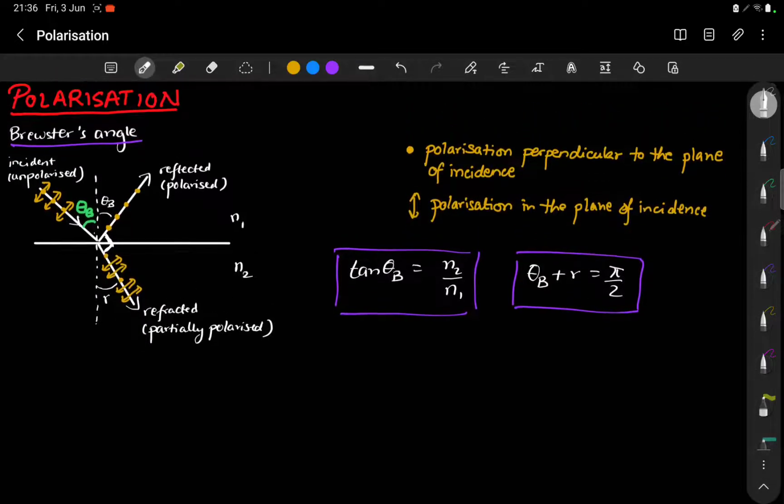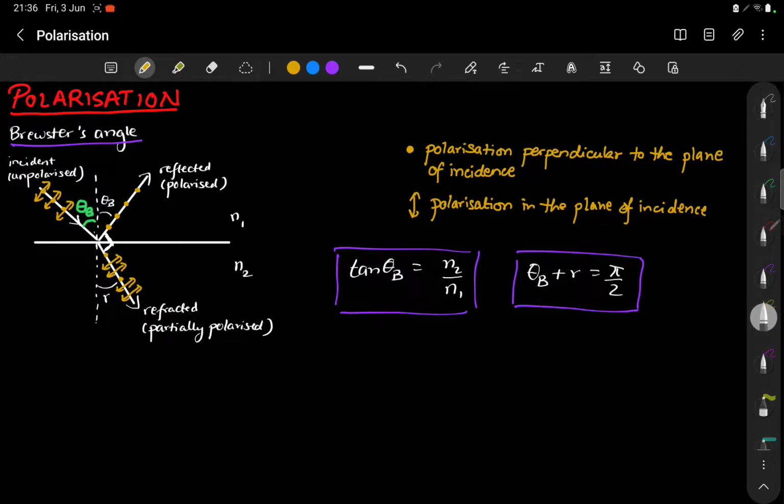So let us now look at the question that we have to solve. So question. The question says, light strikes a water surface at the Brewster angle. Brewster angle is also known as the polarizing angle because the reflected ray is polarized.